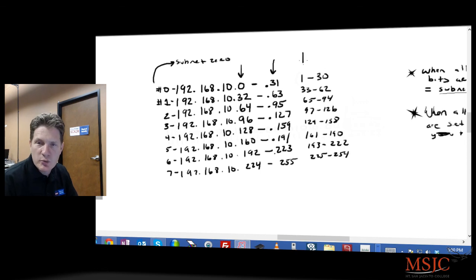These are the host ranges. These are the available IPs to use to assign to machines.